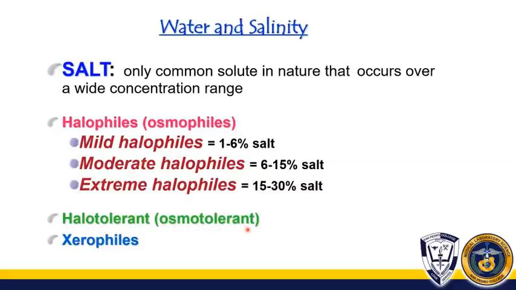The term osmophiles is usually reserved for organisms that are able to live in environments high in sugar. Organisms which live in very dry environments made dry by lack of water are called xerophiles.